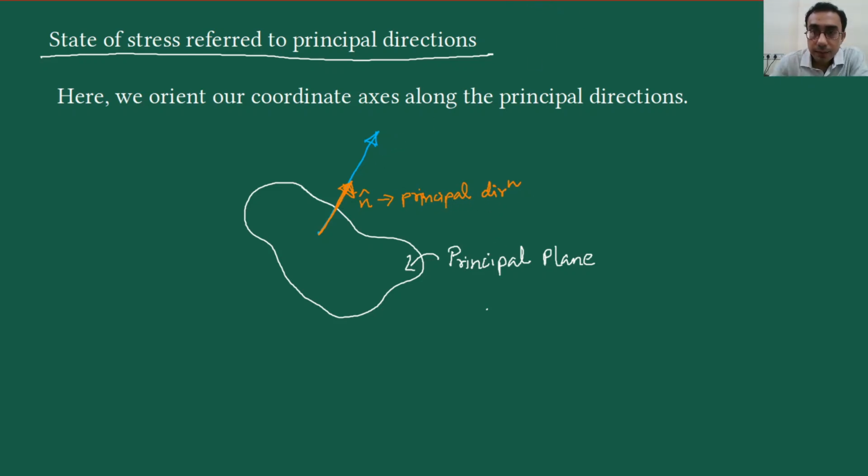This is the t vector, and you understand that along this direction the entire magnitude is equal to Tn, and since the unit vector along this is n hat, it is just like this.